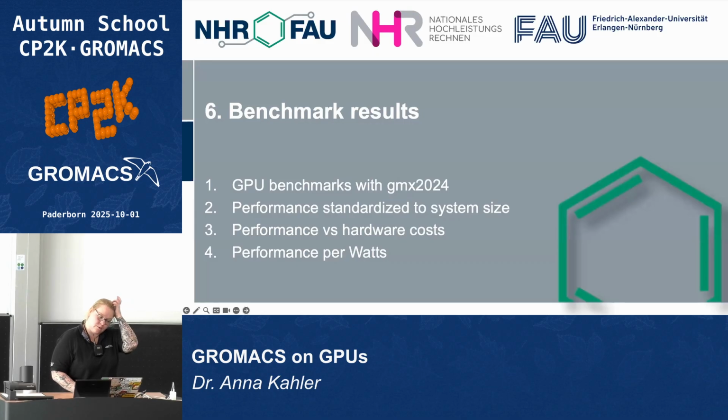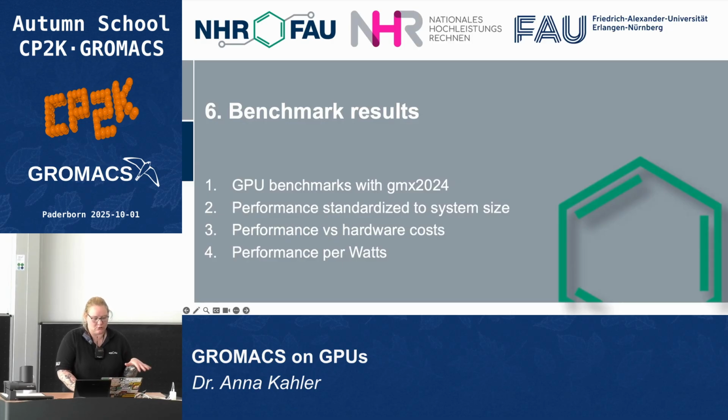Okay, coming to the benchmark results. Some of them are not with the newest GROMACS version, but I don't think that it really makes a difference with the overall things I want to tell you. The numbers would be a bit different with GROMACS version 2025.